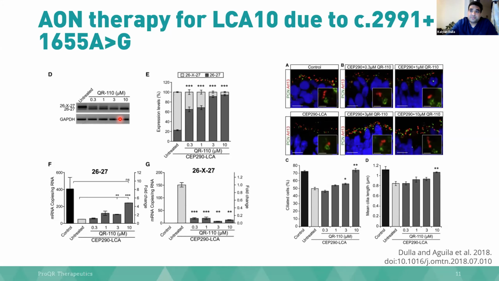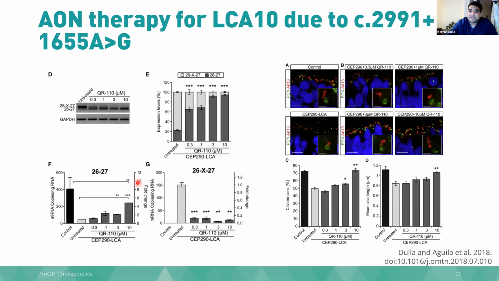QR-110 corrected the missplicing in a dose-dependent manner, in a concentration-dependent manner. Here is a ratiometric analysis of the data where you see the wild-type levels going up and mutant mRNA levels going down with increasing concentrations of QR-110.